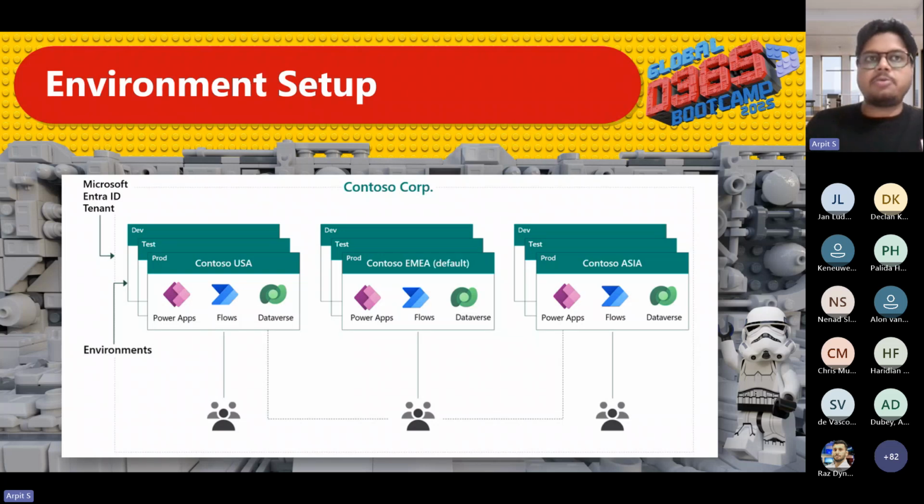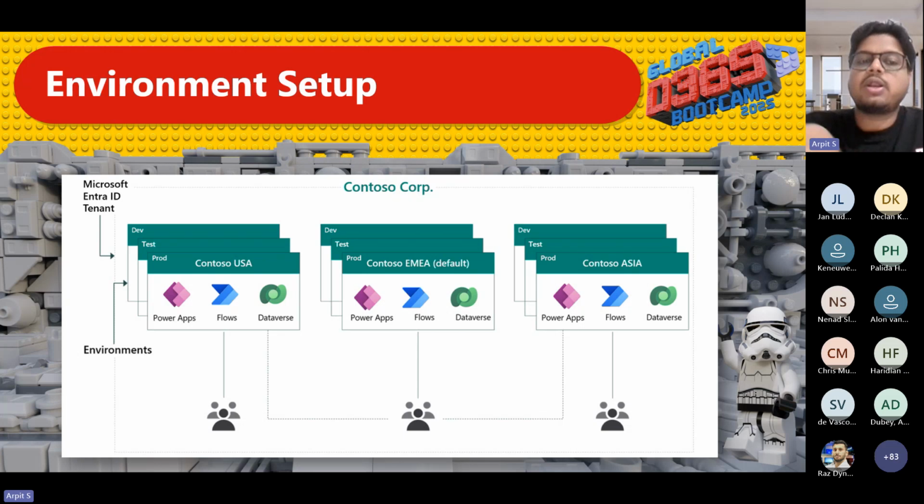Now there are different purposes for creating an environment. First, for development, testing, and production purposes. Sometimes you have different vendors or stakeholders working in the same environment. In that case, you can also use different environments under the same tenant, because it might be that in your company different projects are running and they are using the same tenant.